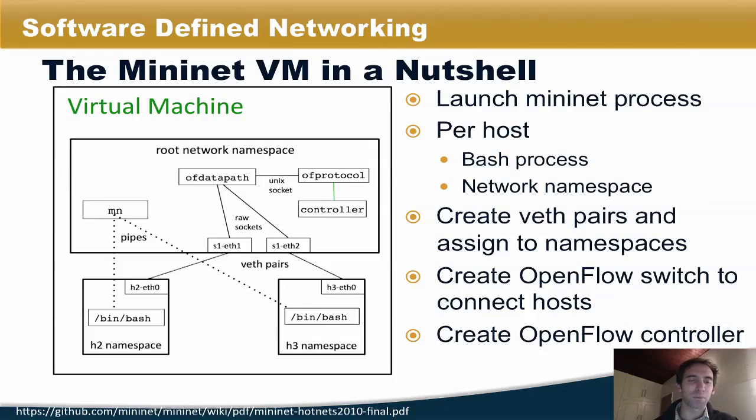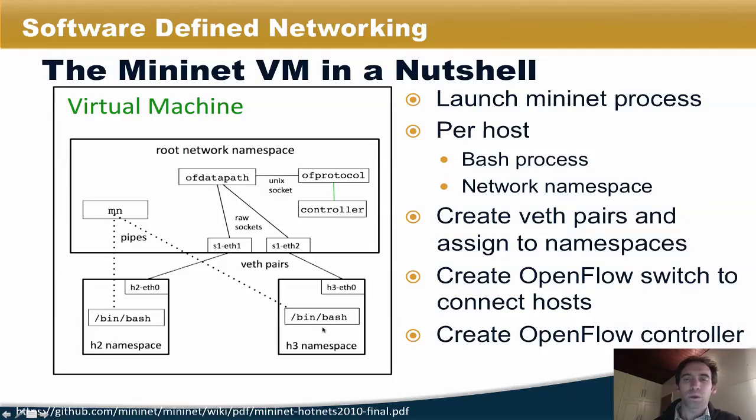So for example, let's suppose that I want to have a network with 2 hosts. The Mininet launcher would launch 2 bash processes, and then it would create a unique network namespace for each of those processes. So host 2, H2, and H3 would each have their own network namespace.